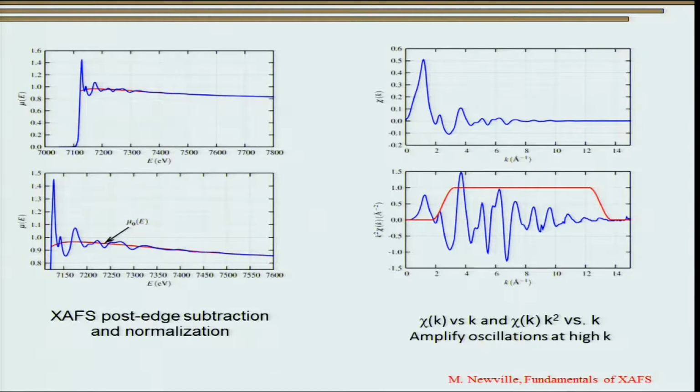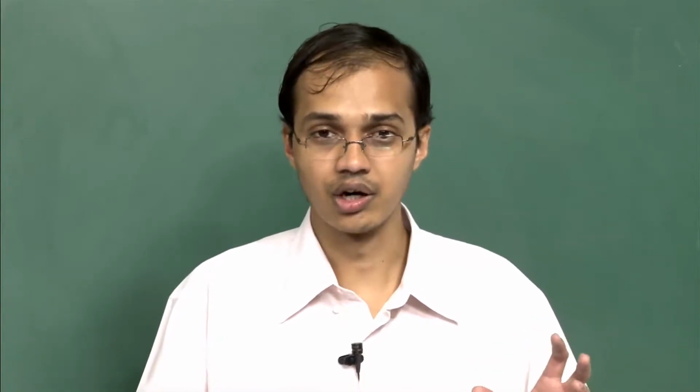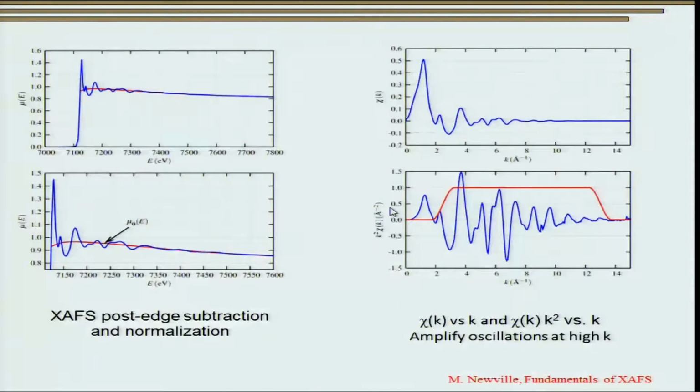As we had seen earlier, in order to modulate and see the oscillations, you can plot chi of k times k square versus k, and here you see how we get the modulated oscillations, and they are easily visible.